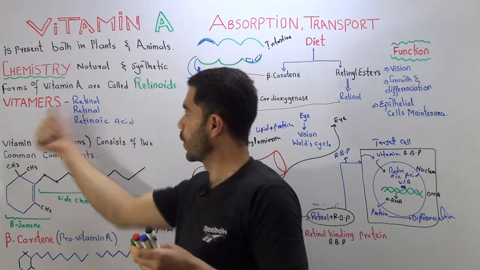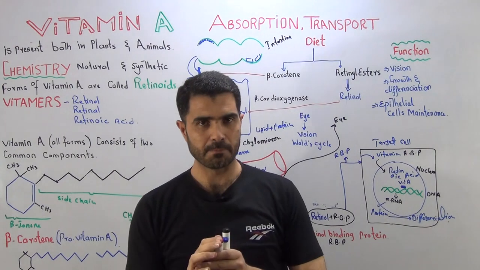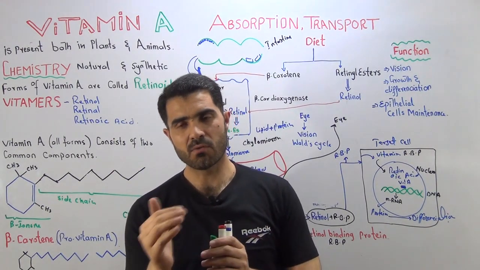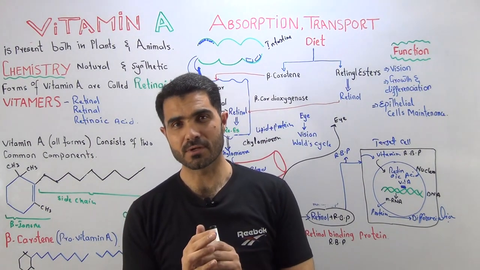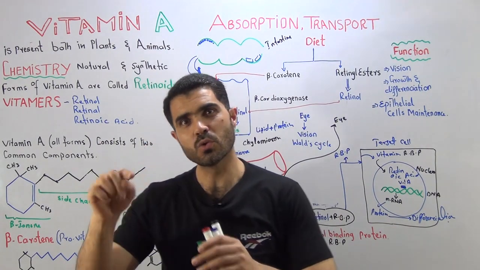Next, vitamers. Basically, vitamin A is not a single structure, just like water has the formula H2O, a single structure. Glucose has C6H12O6. Carbon dioxide, CO2, a single structure.